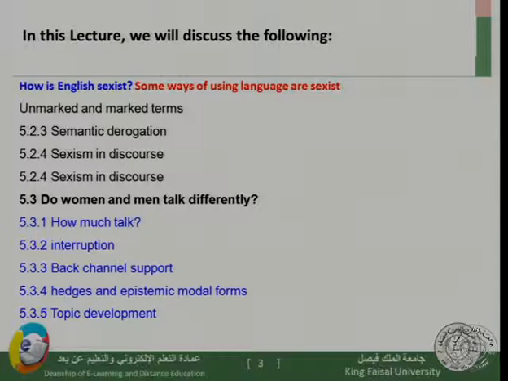We talk about unmarked and marked terms, then we define what is meant by semantic derogation. Then we discuss the topic of whether women and men talk differently, and we consider how much talk and interruption, back channel support, and hedges and epistemic modals are used by women.